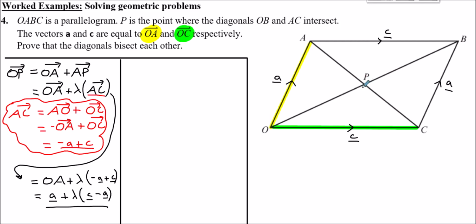Now let's think of another way we could have got to P. So let's think how else we could have gone from O to P using a different route, and as well as that, a different diagonal. So what we've been using here is AC. So we've already got it in terms of AC.